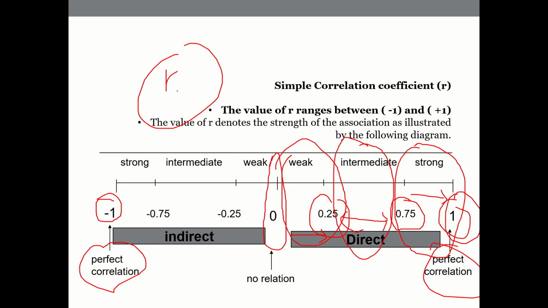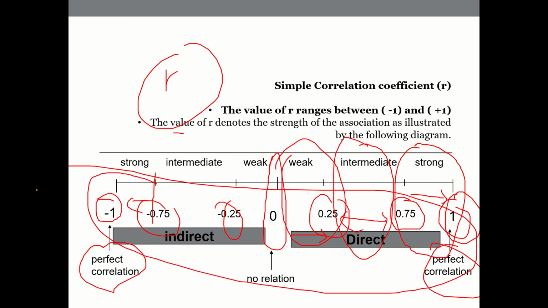If the R value is between negative 0.75 and negative 1, then it is a strong negative correlation. And if we get an R value between negative 0.75 and negative 0.25, then it is again a negative correlation, but intermediate. This is the degree of correlation.